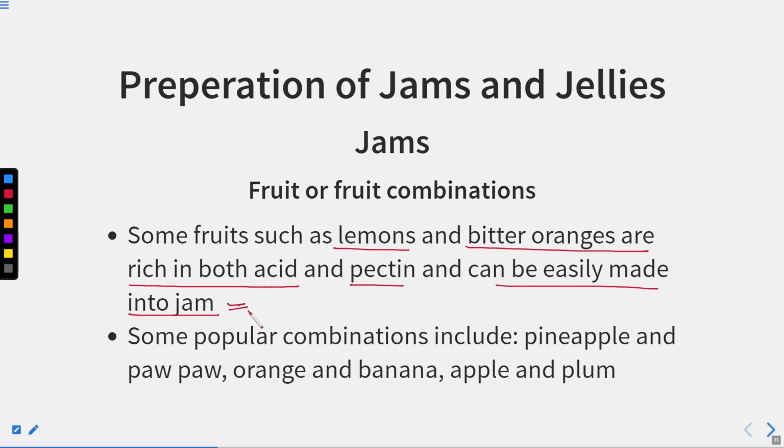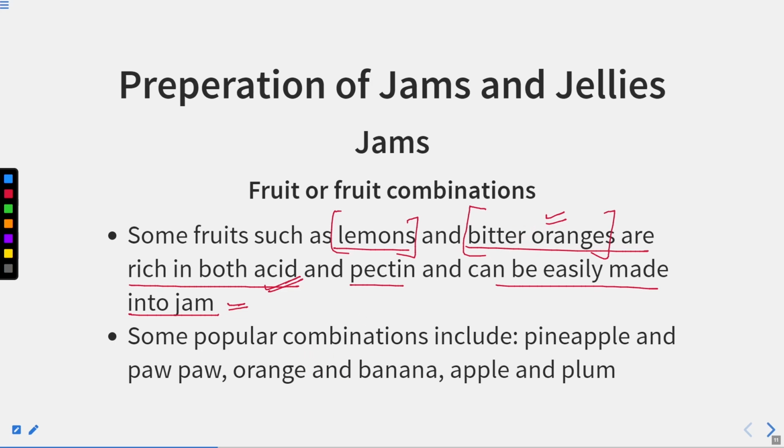So the presence of the pectin, the presence of the acid is very, very important. Citric acid. And if we are taking the lemon, then it means that we are preparing the jam from a citrus fruit. We can take oranges also. So these oranges also contain a good amount of both acid and pectin, and that is very much required for the preparation of jam.